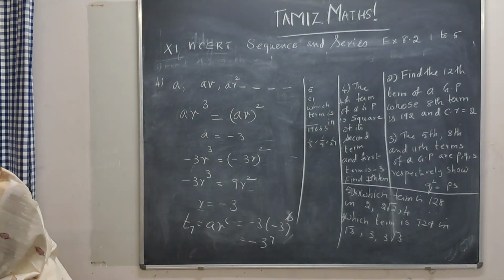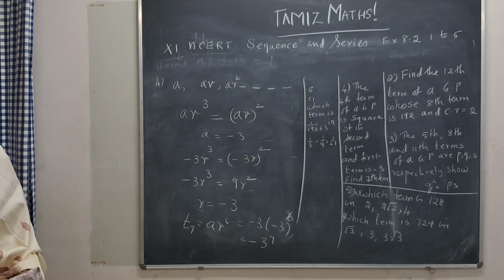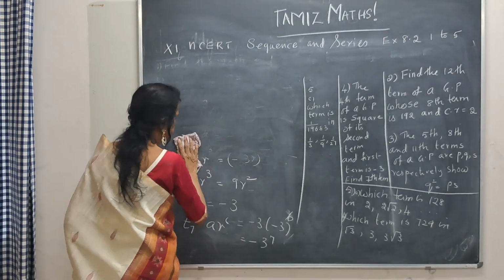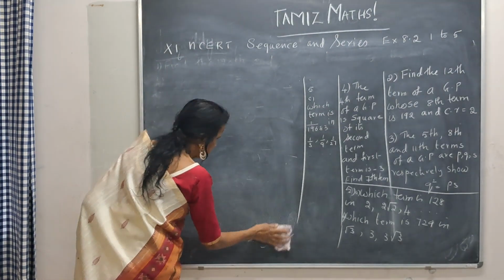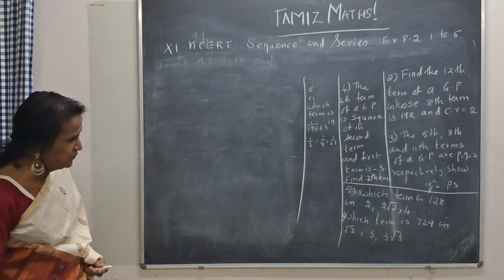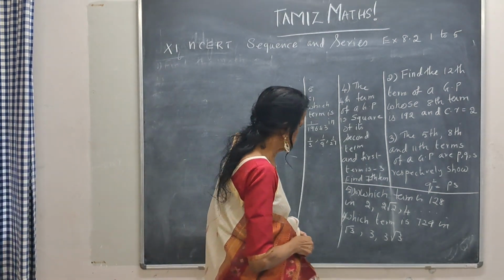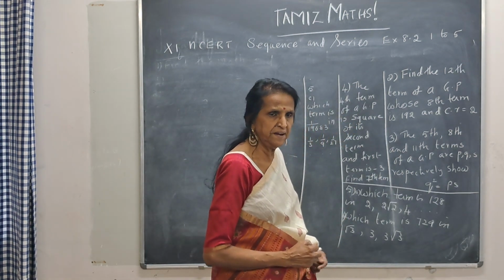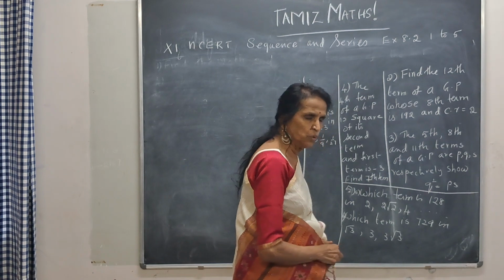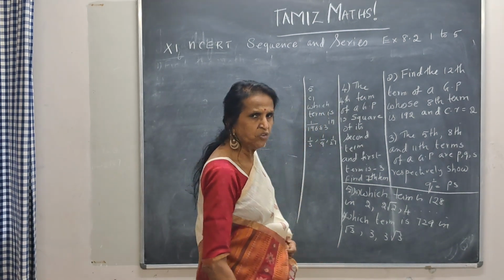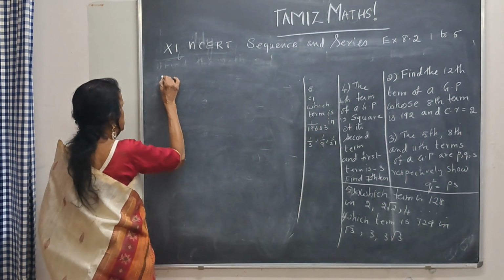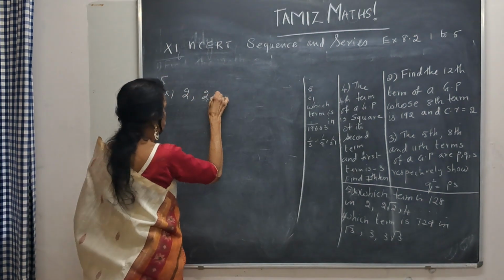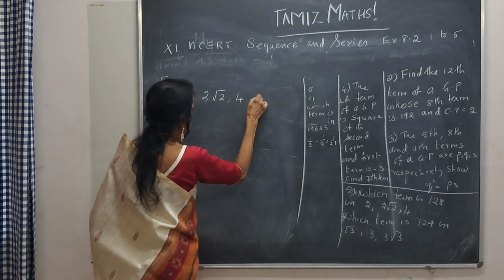Now problem number 5, there are 3 subdivisions in that. We will go for that. Problem number 5, subdivision A. Which term is 128 in the series 2, 2 root 2, 4 and so on?